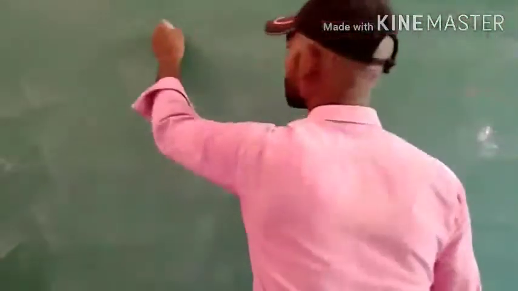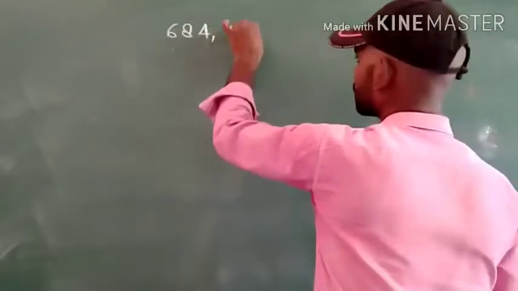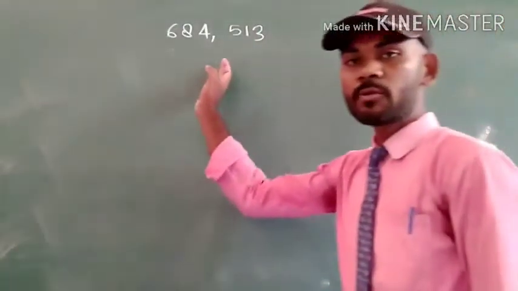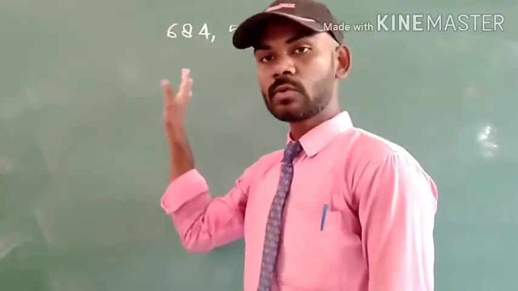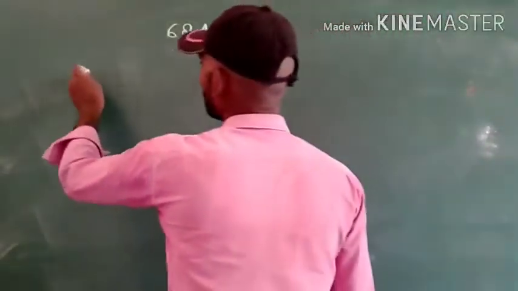Now let us see a question. The question is 684 and 513. This is the given question and we have to find the HCF of these numbers by the actual division method. So we start from here.